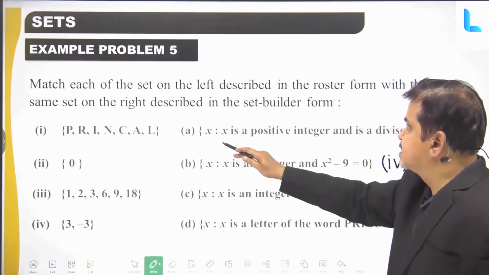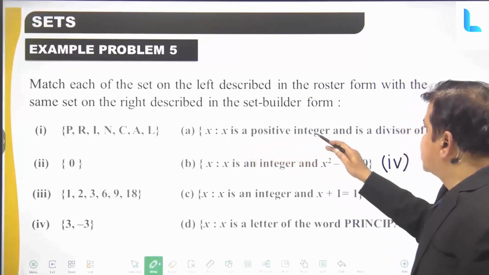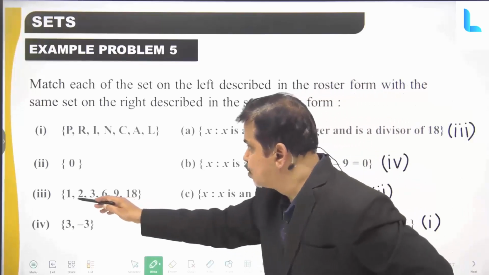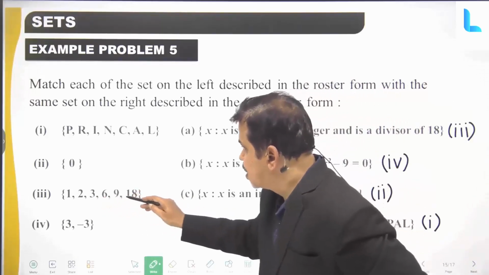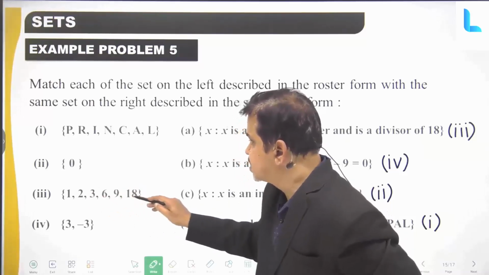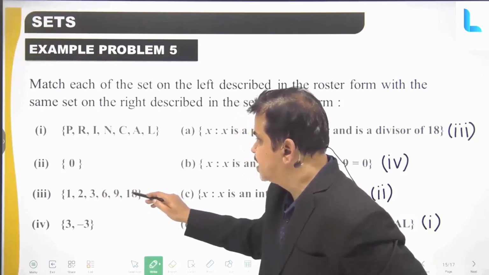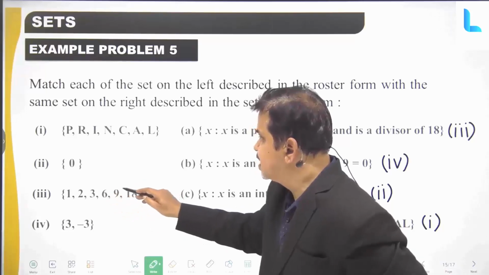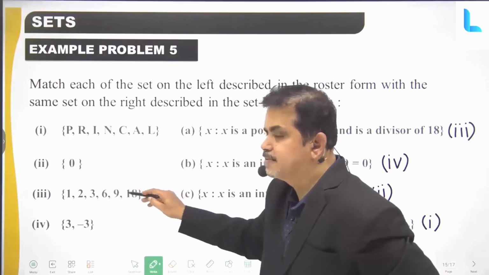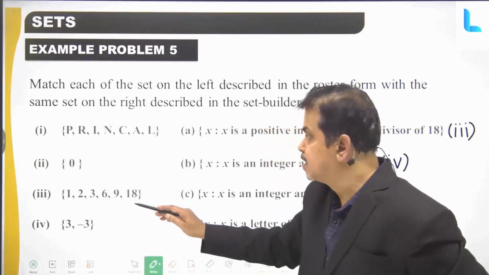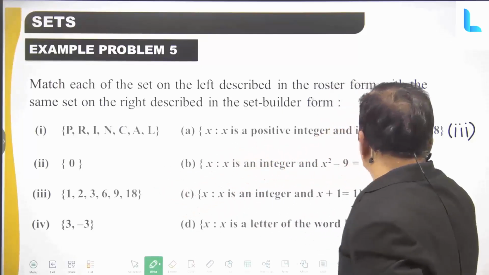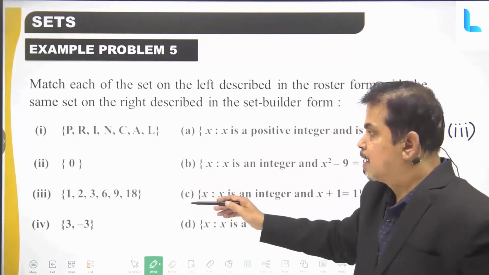In this column there is a representation that x is a positive integer and is a divisor of 18. When you look at these numbers, all are divisors of 18 only: 1, 2, 3, 6, 9 and 18 are all divisors of 18. So these two can match, so 3 and A can match.